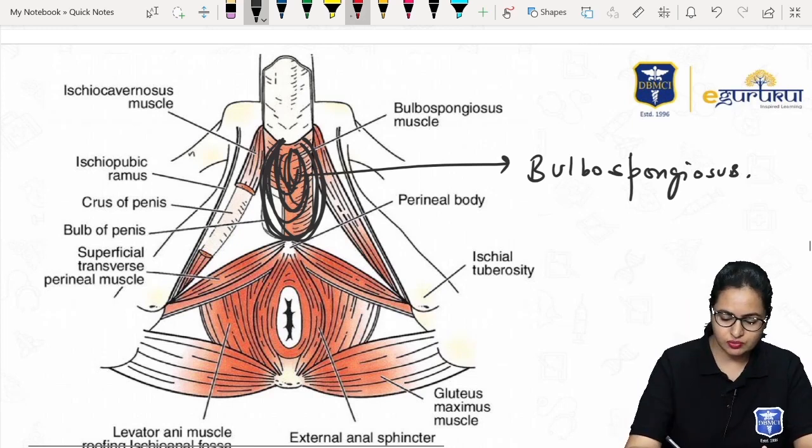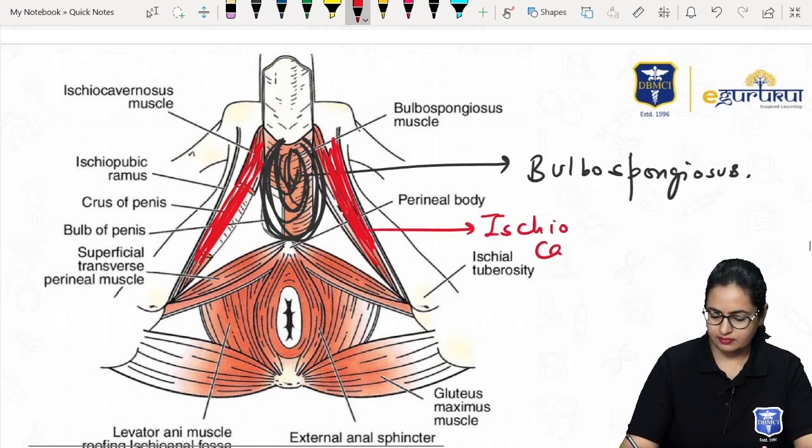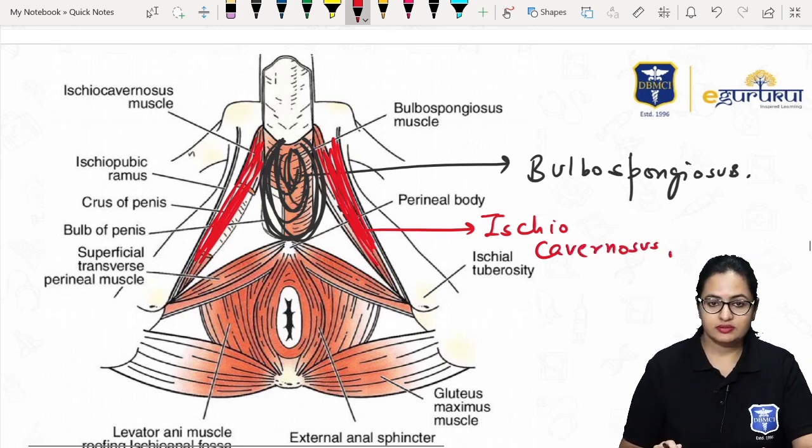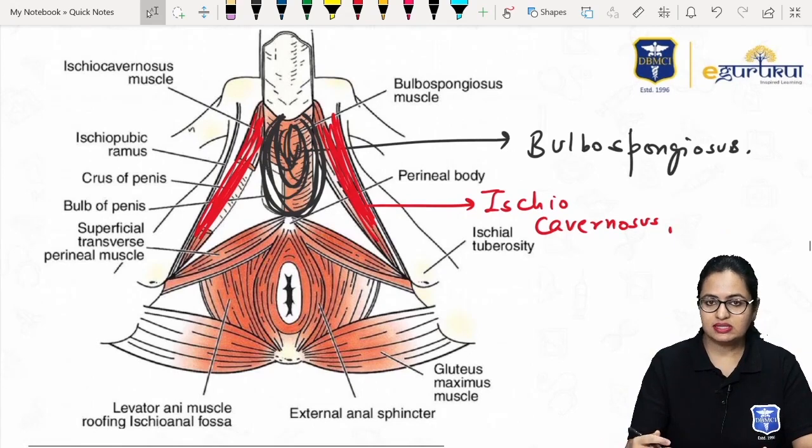The muscle which is towards the crus of the penis, on the lateral aspect over here, which I am drawing in red color, is the ischiocavernosus. The ischiocavernosus and the bulbospongiosus.